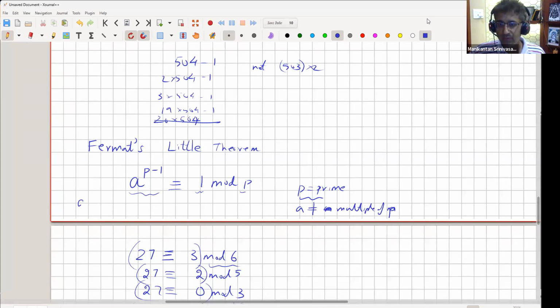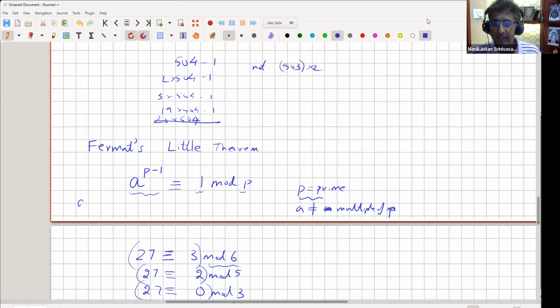That's what the statement is. Of course, if a is a multiple of p, then any power of it will also be a multiple of p. It'll leave a remainder of 0 only, which is why the theorem says if a is not a multiple of p, it leaves a remainder of 1.